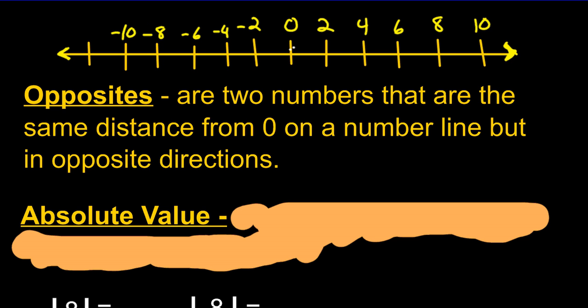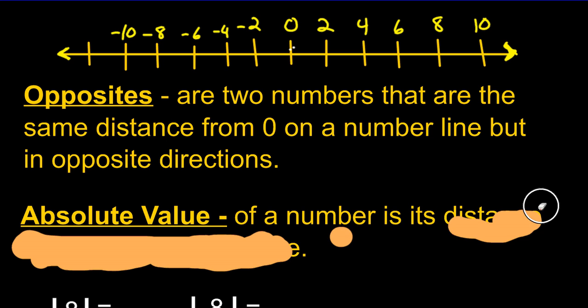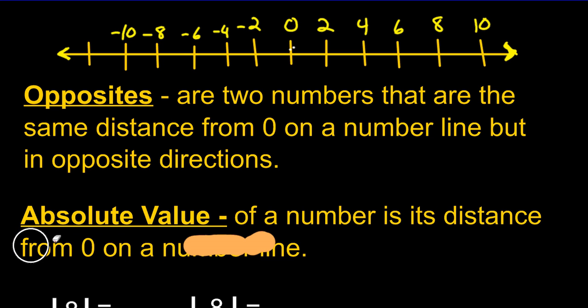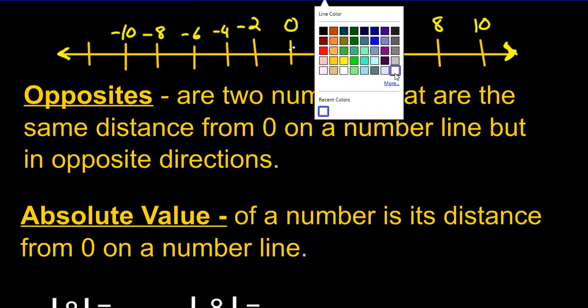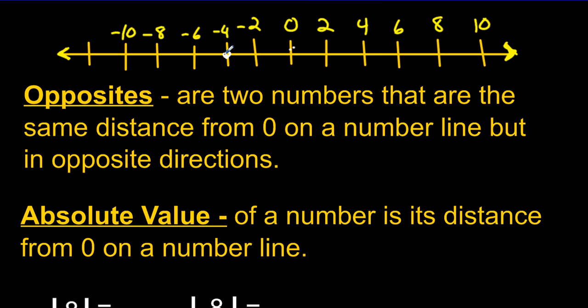Next definition that we're going to look at, or academic vocabulary term, is absolute value. Now, by definition, absolute value is a number's distance from 0 on a number line. So, back to our example of opposites. If we look up on this number line again, and we want to find the absolute value of, I'm going to say, negative 4, well, we want to find its distance to 0.